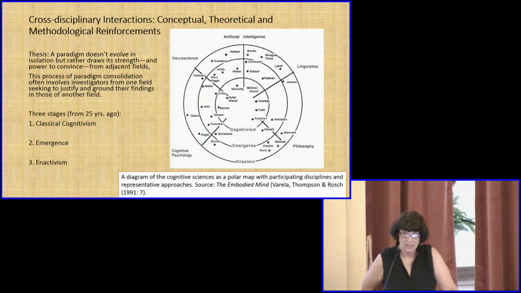The first is classical cognitivism, which is in the center, and of course you see the name of Chomsky, representing the linguistics philosophy component. Then you have a second circle, which is listed as emergence, and a third circle, which is listed as enactivism.